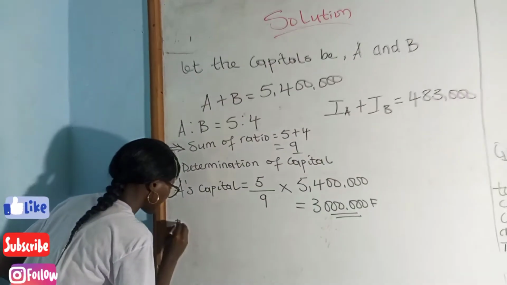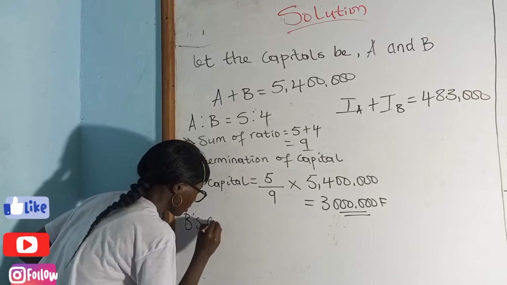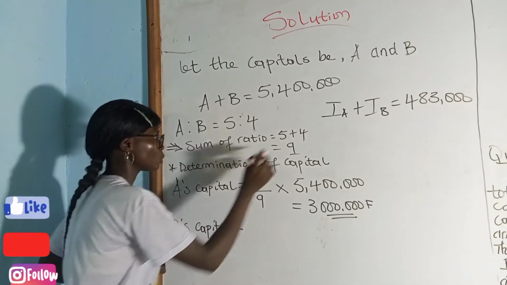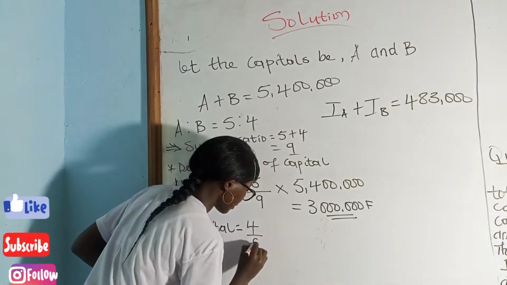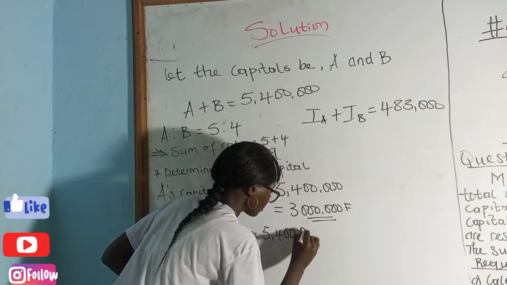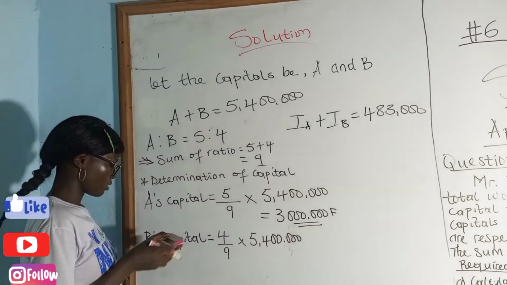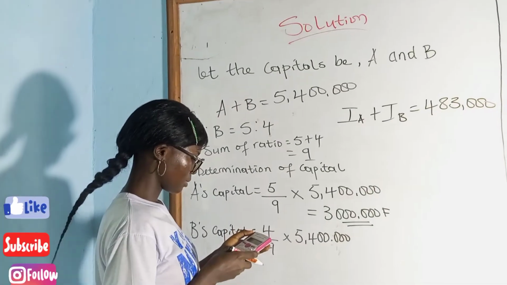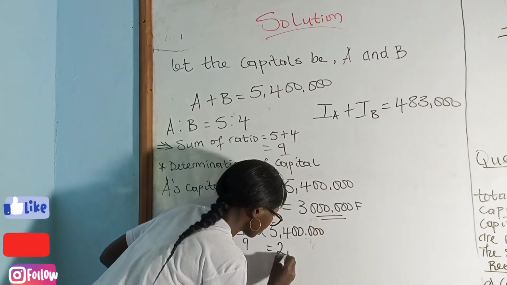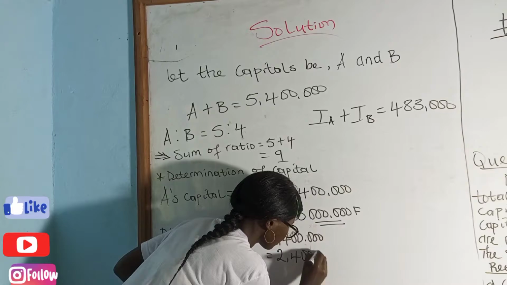Now to calculate B's capital is equal to 4 divided by 9 times 5,400,000. You can easily have it. It's equal to 2,400,000.